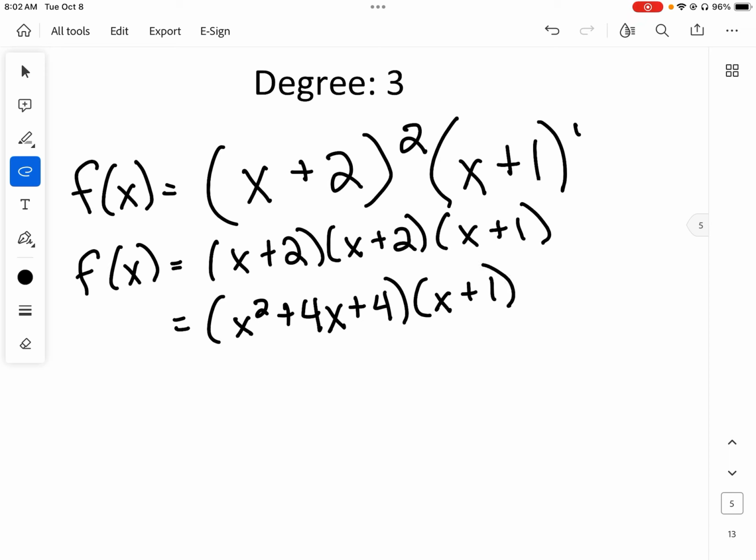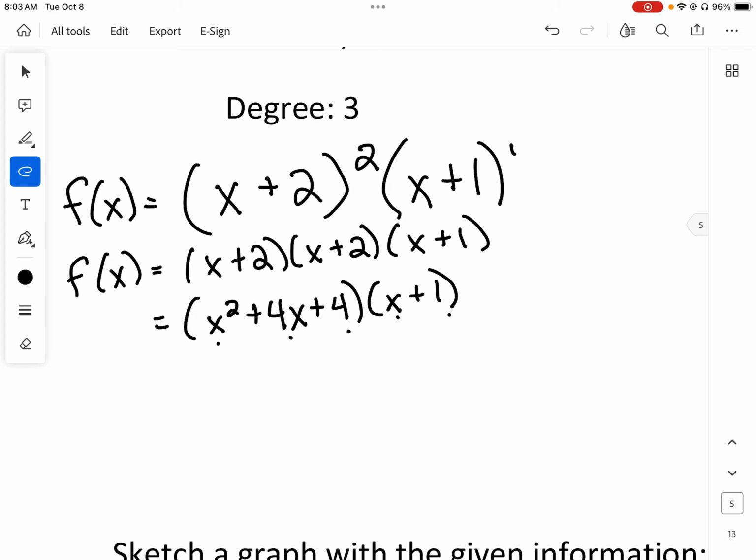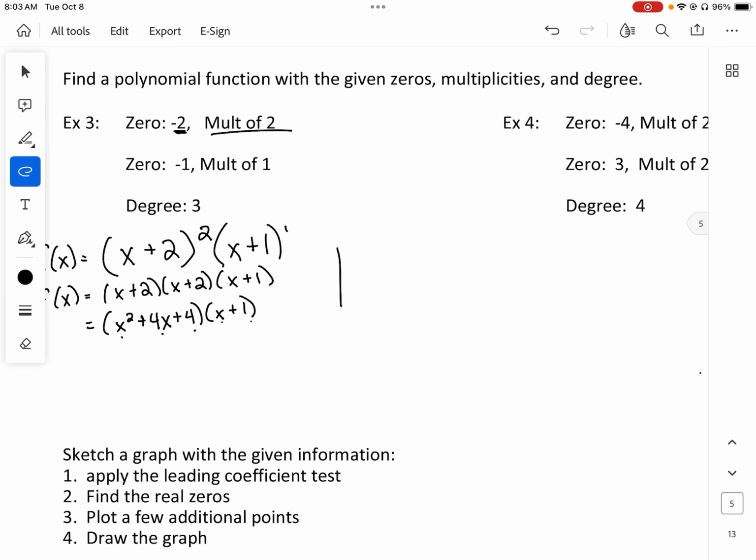Okay, so we can do multiplying every term here by every term here. You can do it like that, or you can make a box and organize your work a little bit more if you'd like. So this would be x plus 1, and then this would be x squared plus 4x plus 4.